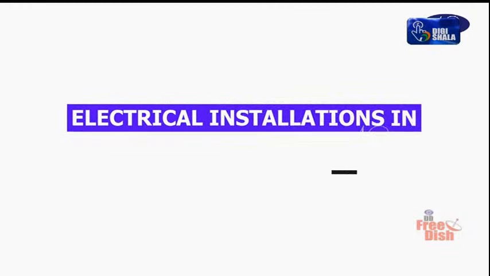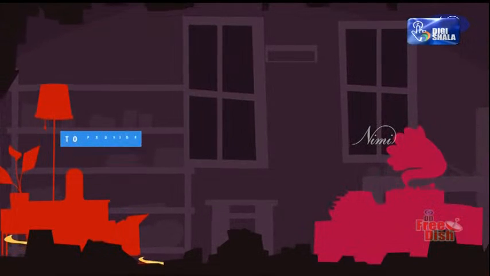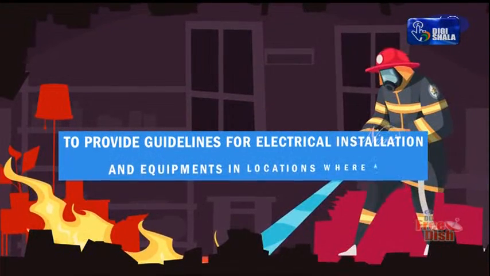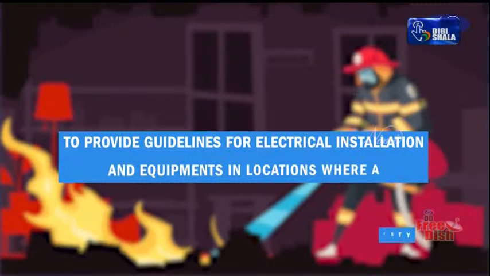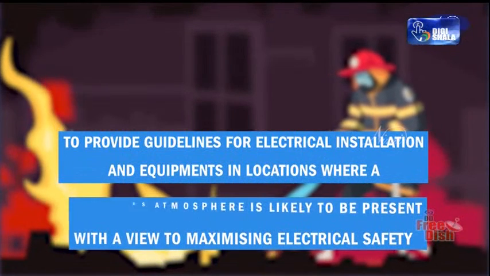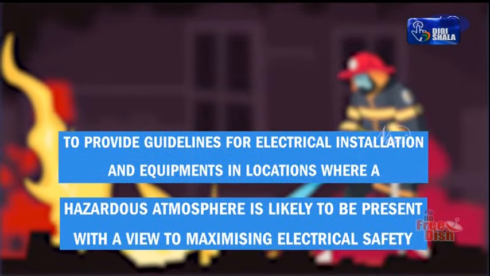Part 7. Electrical installations in hazardous areas. This Part 7 of the code is intended to provide guidelines for electrical installations and equipment in locations where a hazardous atmosphere is likely to be present, with a view to maximizing electrical safety.